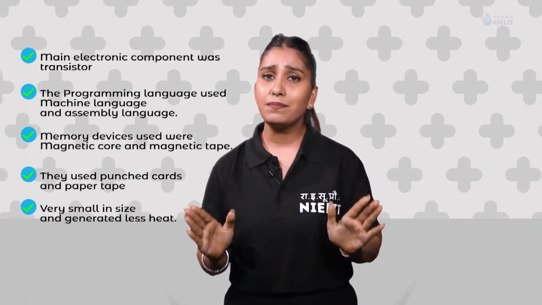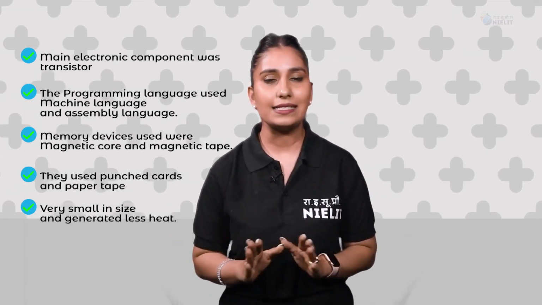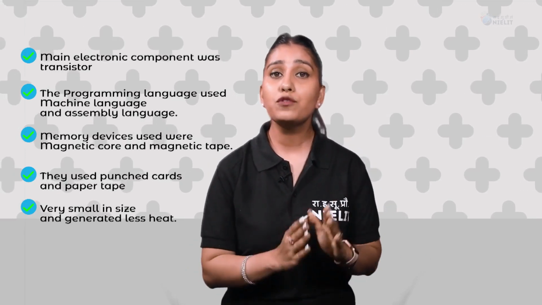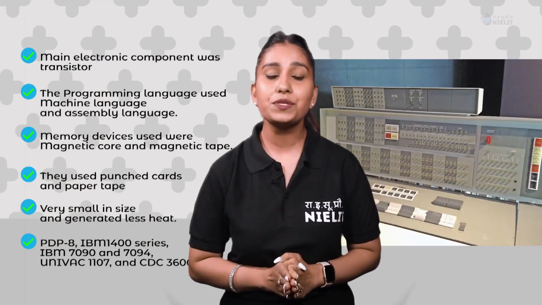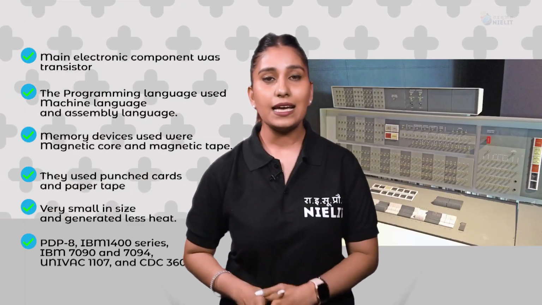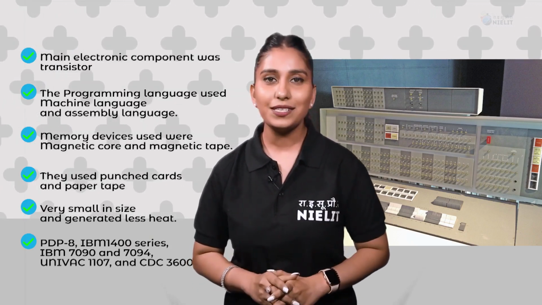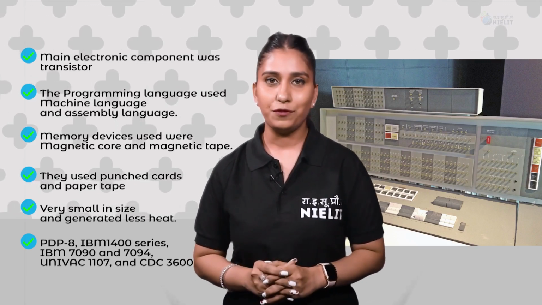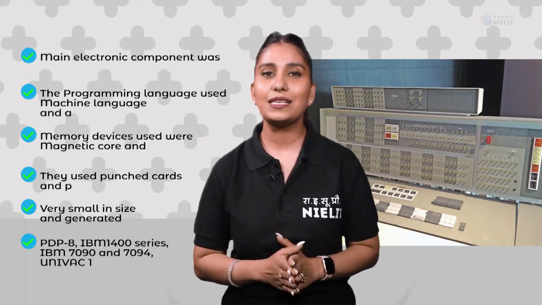They were very small in size and had low power consumption and generated less heat when compared to first generation computers. Some second generation computers were PDP 8, IBM 1400 series, IBM 7090 and 7094, UNIVAC 1107, and CDC 3600.